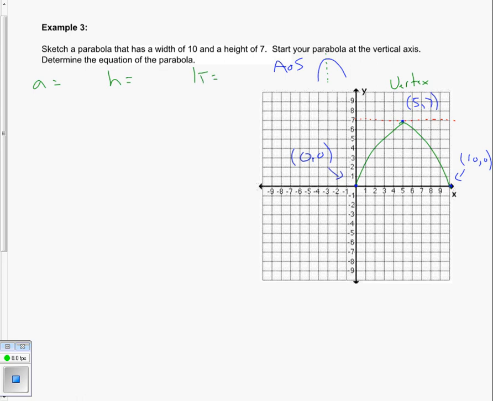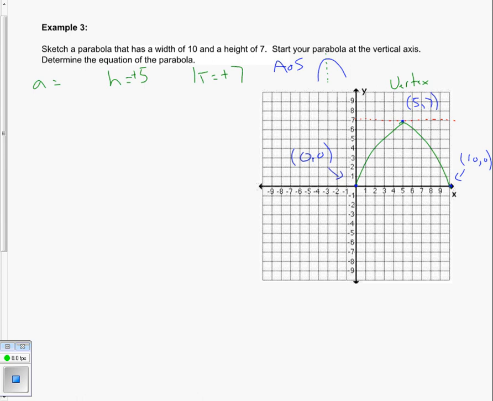Okay? So our h value is going to be 5, so positive 5, and our k value is going to be positive 7. Okay? The h value is positive 5 because it's to the right of the vertex. So if this is in fact the beginnings of our parabola, we can figure out the remainder. Okay?